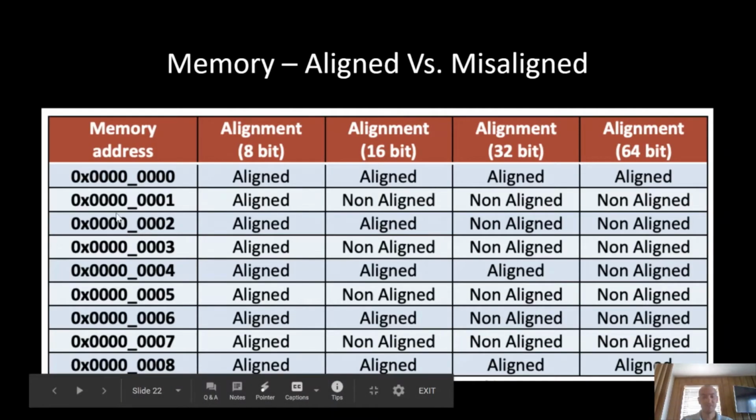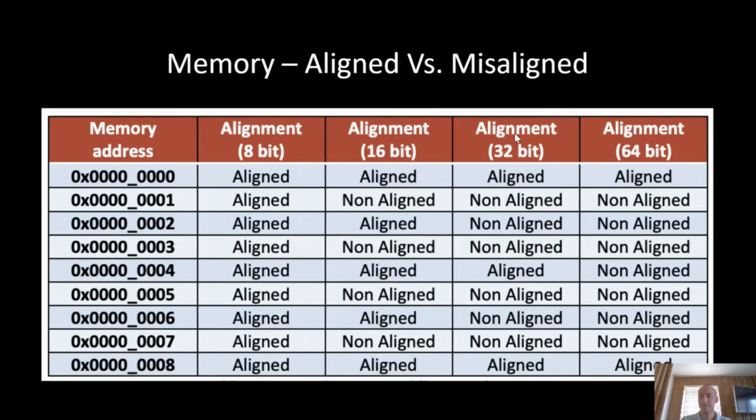In general, if you are looking at these memory addresses here, going from 0 to 8, and you are in a 32-bit system, the first one is aligned if you start reading or writing from here, because you go 4 bytes, and the next one is going to be at 4, so you go 4 bytes here.